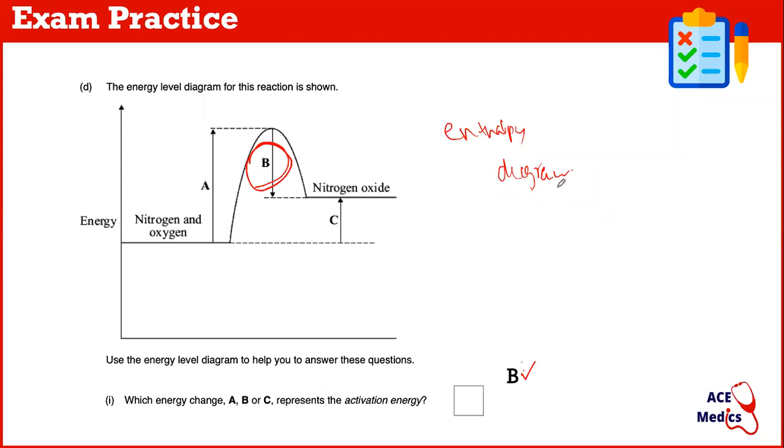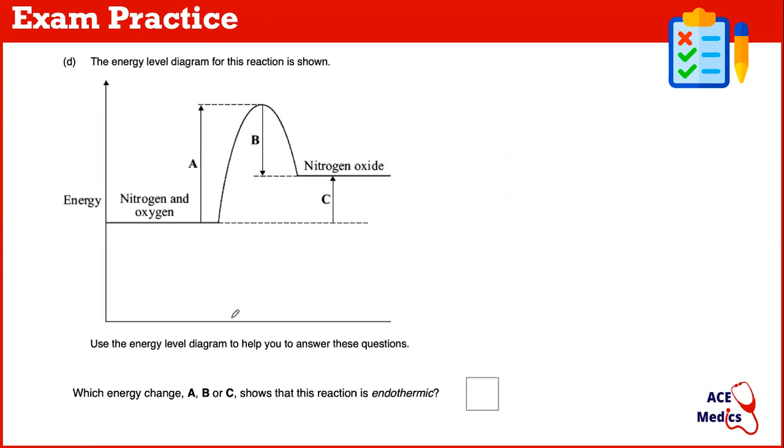What is the activation energy? Anyone remember? Okay, so remember, activation energy was the minimum amount of energy you need. The particles require this minimum amount of energy for it to be a successful collision. So B is the right answer for this one, activation energy.